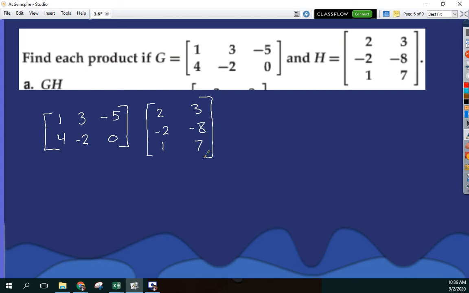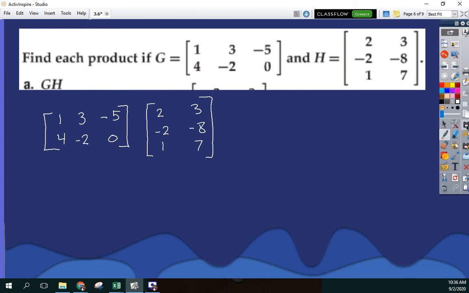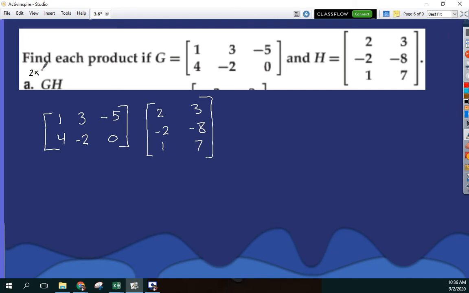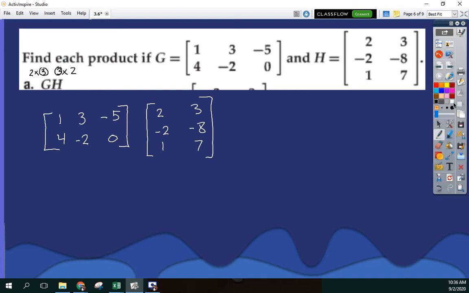Again, needing to check our inner dimensions. Notice that G is a 2 by 3, and H is a 3 by 2. So those inner dimensions are the same, so we are okay to go ahead with our multiplication. And hopefully we can see that we're going to end up with a 2 by 2.